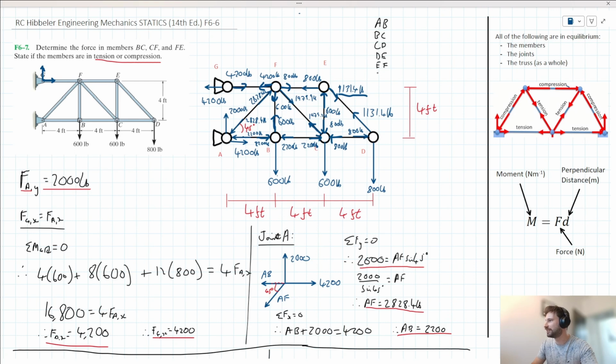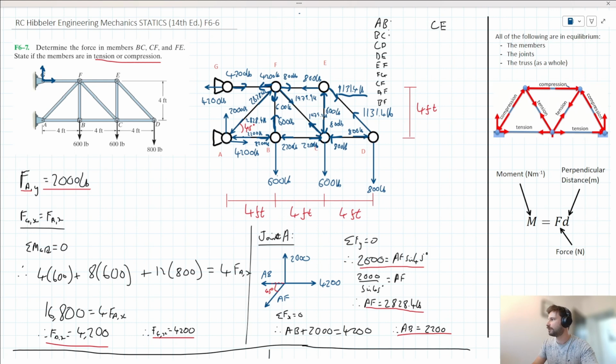Oh my goodness, FG. And we've also got CF and AF and BF. Let's just check that. Okay, looks like I missed out CE there.